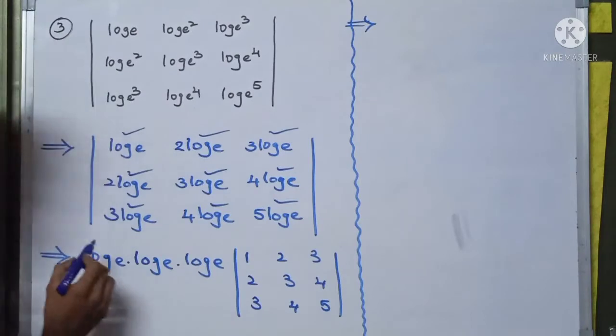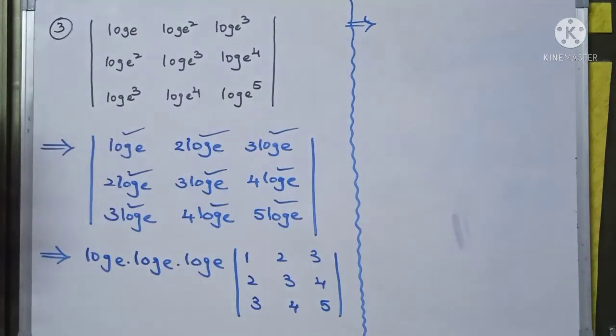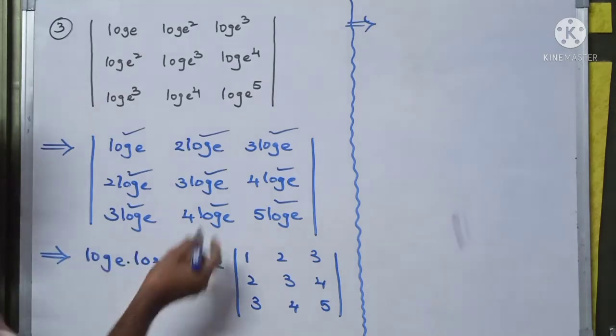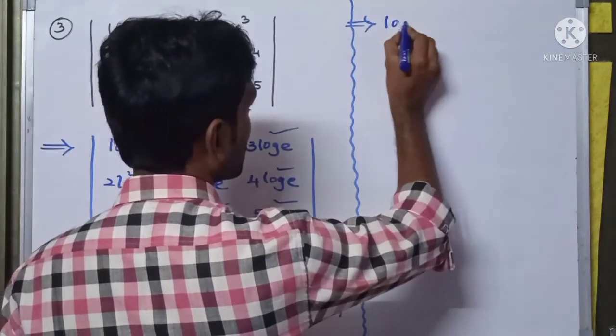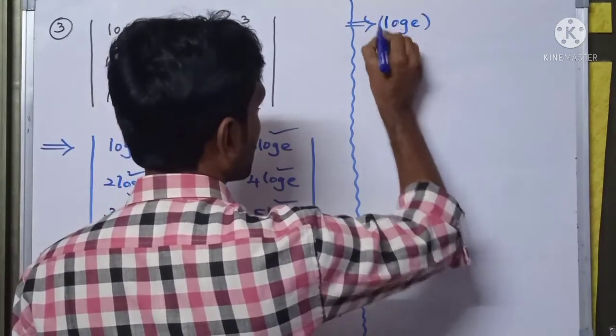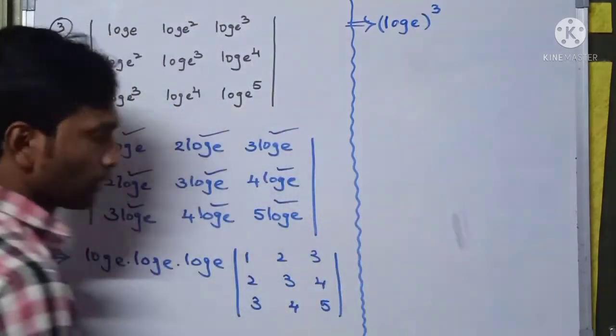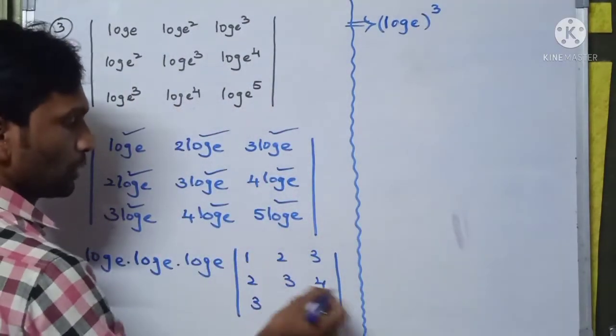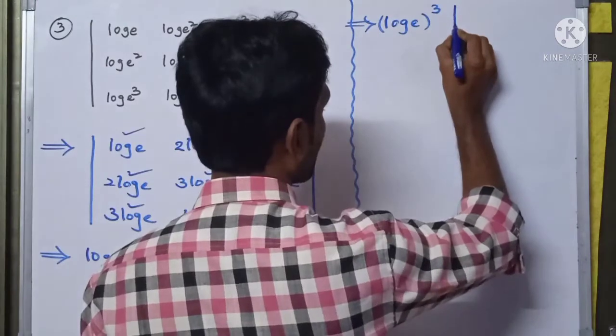That implies log e into log e into log e, three times, that means log e whole cube, into the determinant 1, 2, 3; 2, 3, 4; 3, 4, 5.